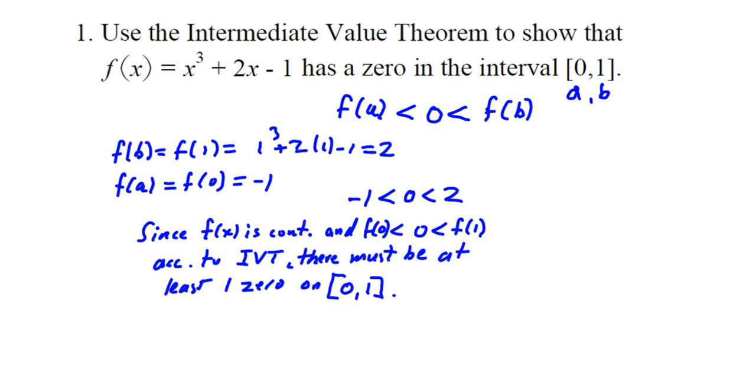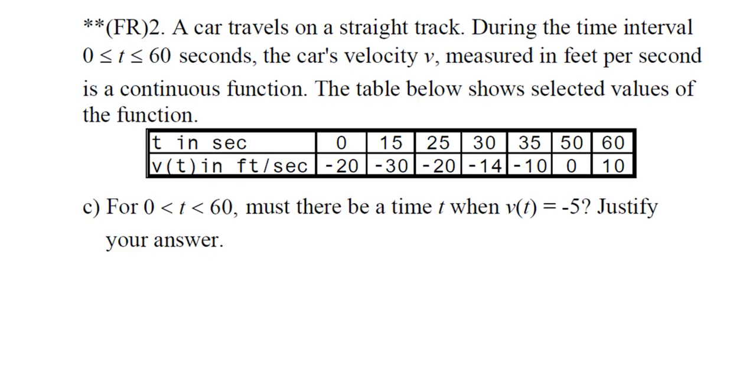Okay, so now let's go ahead and look at the next one. Proper articulation is the key. Double asterisks, yes, an actual AP test problem or part of one. A car travels on a straight track during the time interval from time equals 0 to time equals 60.